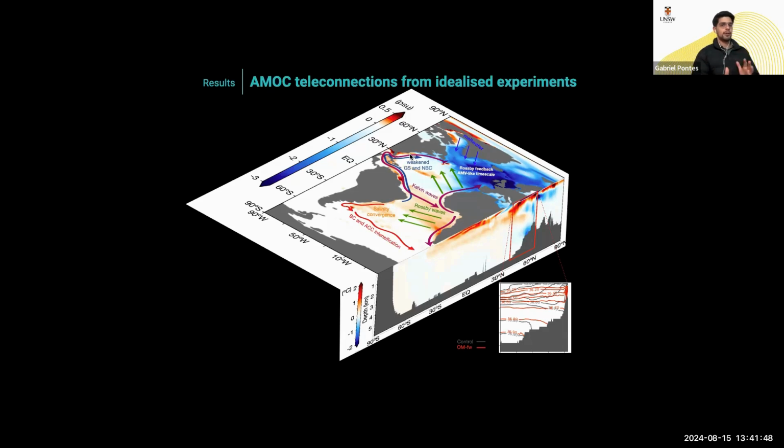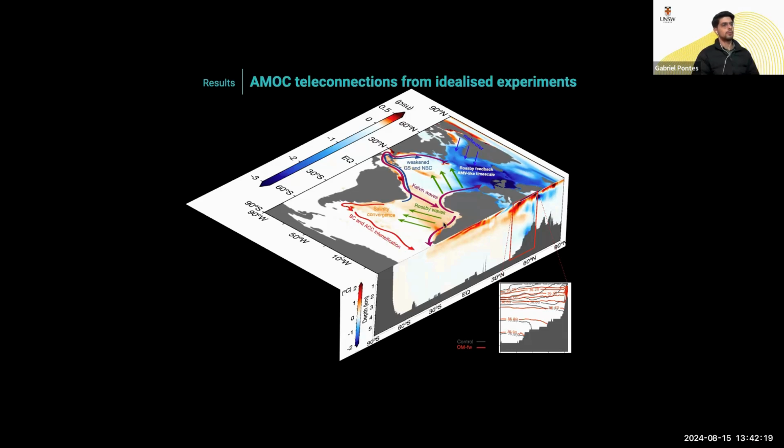We are applying a quite strong meltwater forcing, because those are idealized experiments and we want to see the AMOC signal in the Southern Hemisphere, or in the South Atlantic. When those Kelvin waves reach the eastern side of the Atlantic Ocean, this signal propagates towards the interior of the ocean as Rossby waves.